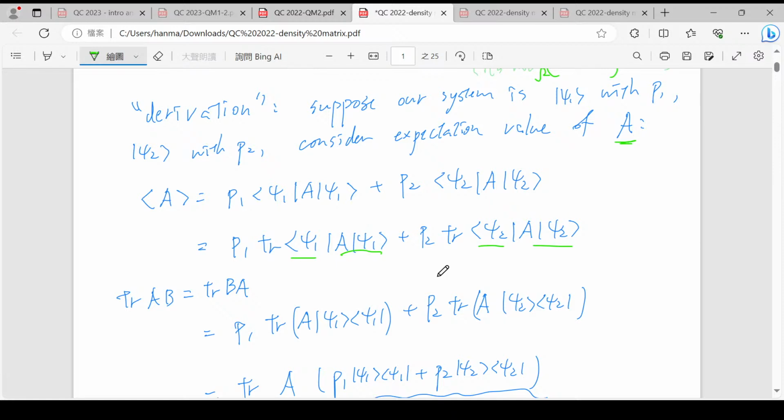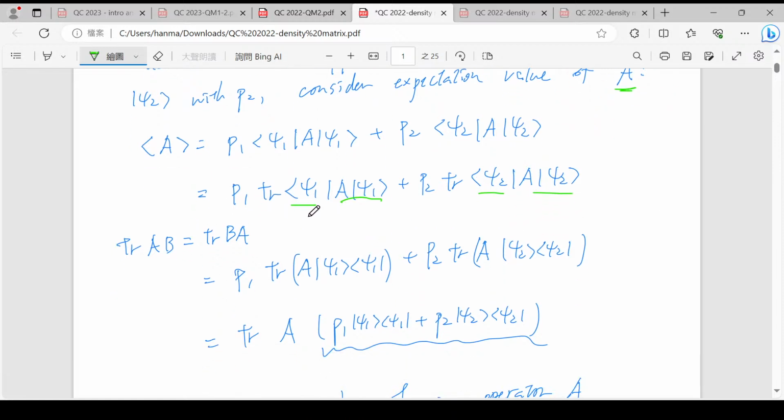We know this inner product is a number, but we can view the number as a 1x1 matrix. So we can write a trace here and basically do nothing, because it's a 1x1 matrix. Then we do something funny. It's a 1x1 matrix, but it comes from a row vector times a matrix times a column vector.